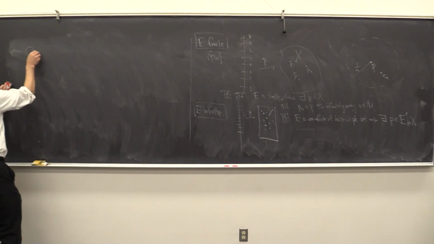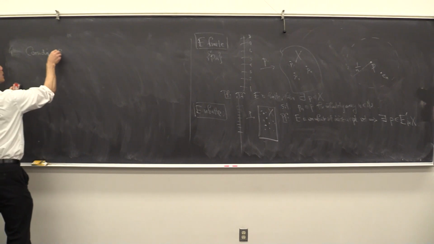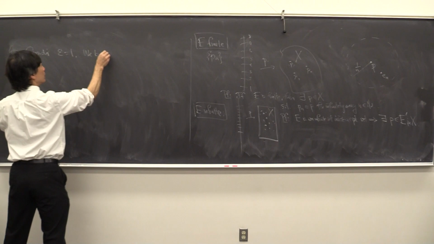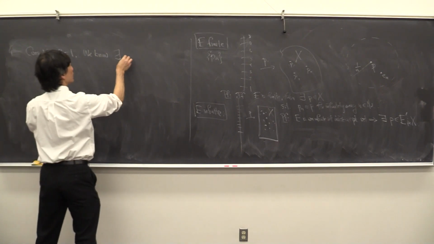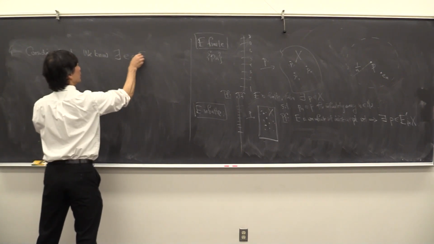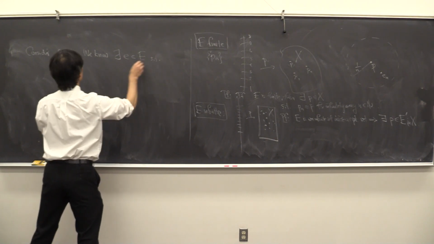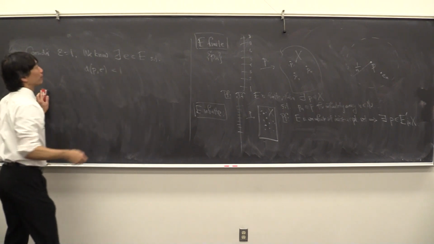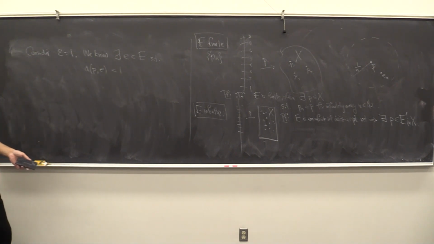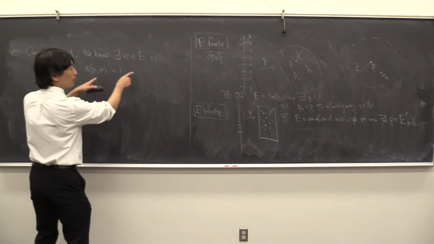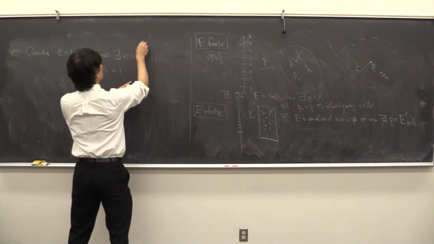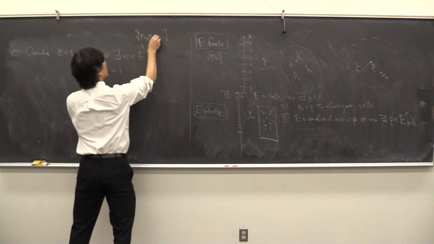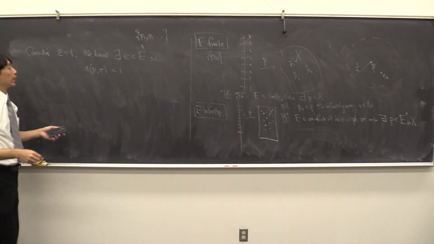Consider the radius epsilon equals 1. We know there exists some E in the set such that the distance between P and E is smaller than 1. The set is of course the set of all the images, P1, P2, and so on.